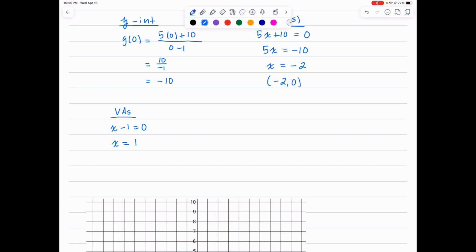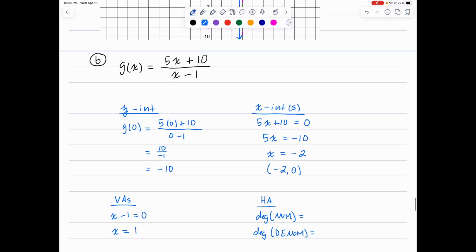And then we have our horizontal asymptote, if there is one. That means we need to find the degree of the numerator, and then also the degree of the denominator. The degree of the numerator is 1. The degree of the denominator is 1, which means they're the same.